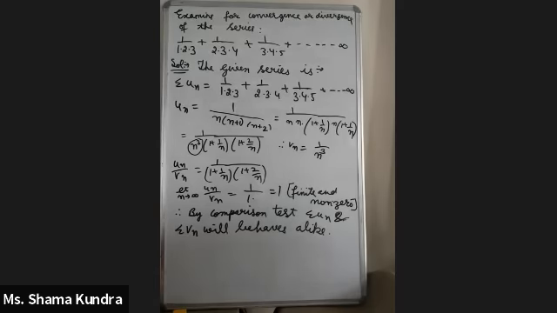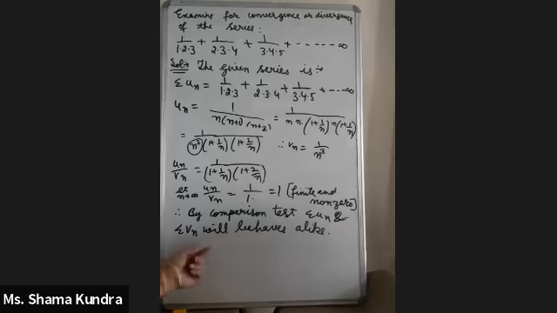Behaving alike means if vn is convergent, then un is also convergent. If vn is divergent, then un is also divergent.